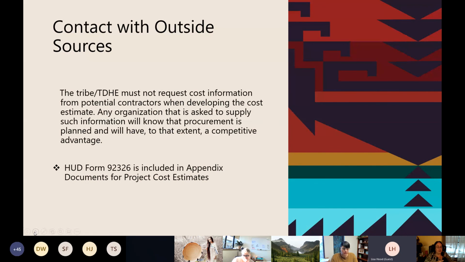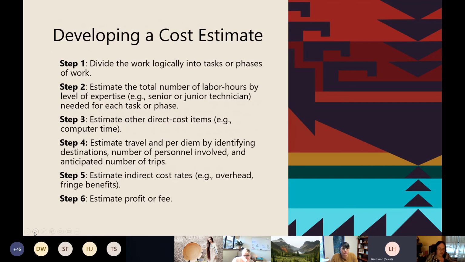HUD Form 92326 is included in the appendix document for project cost estimates. So developing it, step one, divide your work logically into tasks or phases of work. Step two is estimate your total number of labor hours by the level of expertise, senior, junior, technicians, needed for each task and phase.